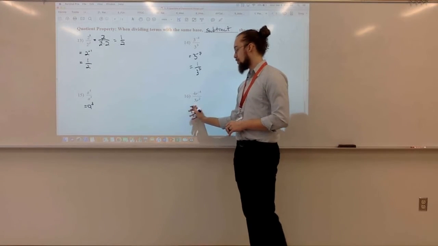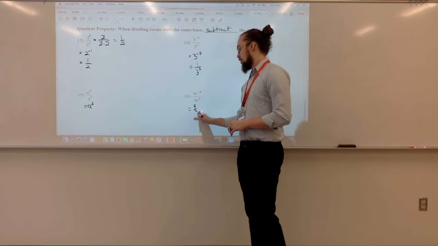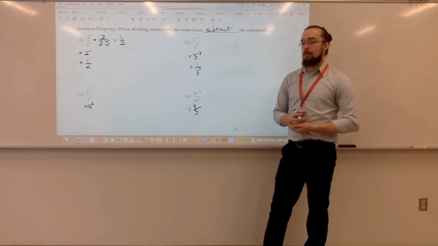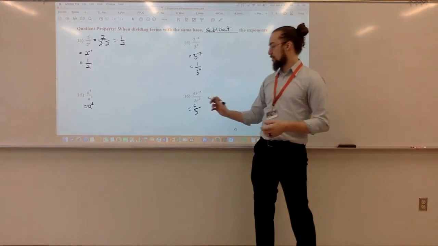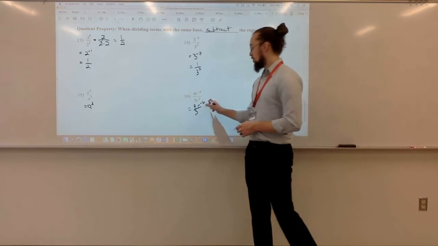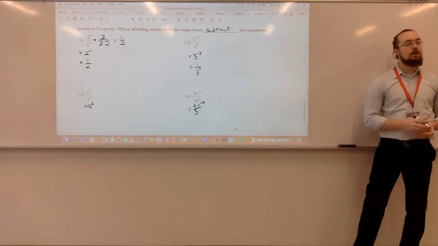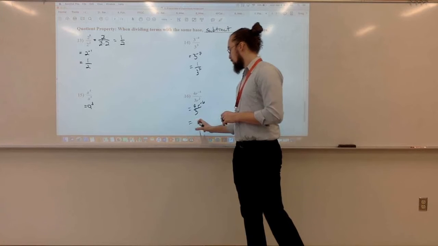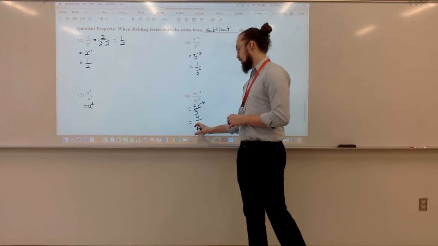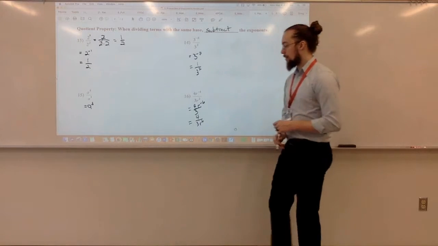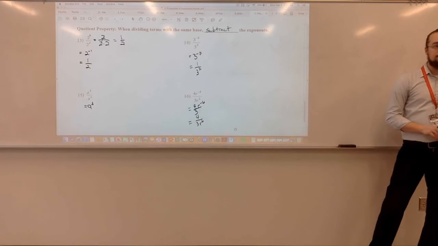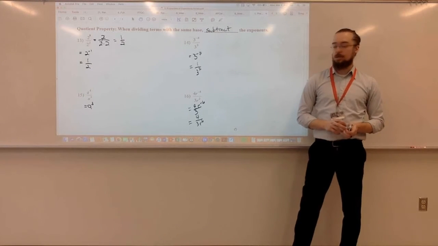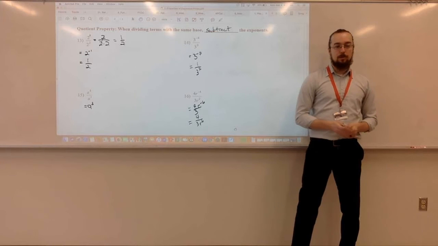Negative 4 minus 2 is negative 6. So this would be r to the negative 6th. Now, that would be in the numerator, but I want positive exponents. So I take that to the denominator and make that r to the positive 6th. You okay with that one?